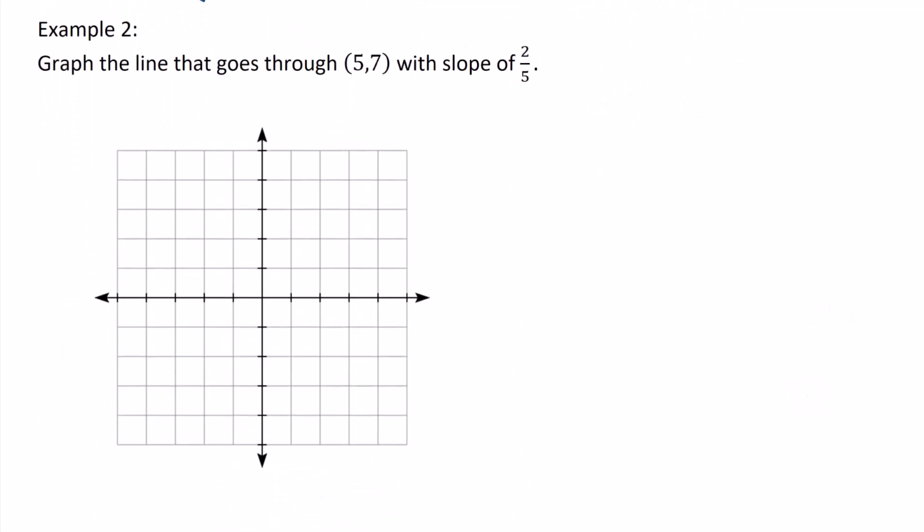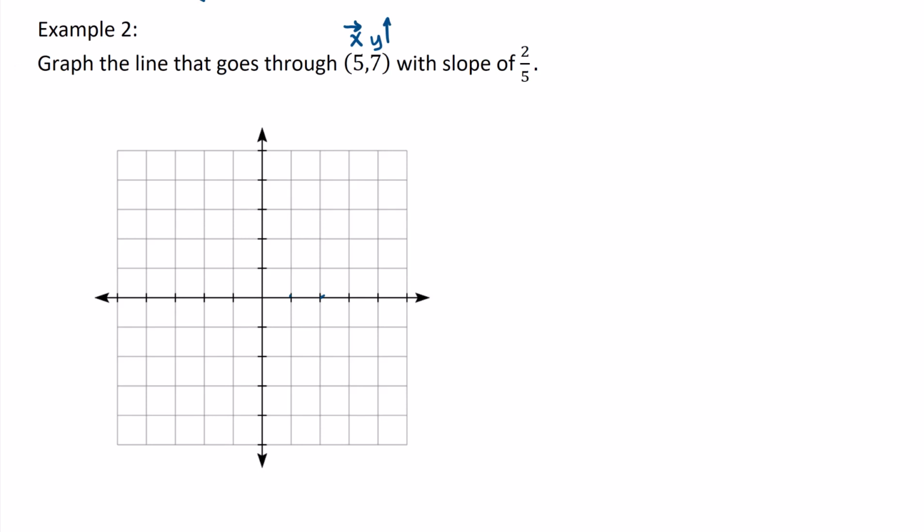In example 2, we need to graph the line that goes through 5, 7 with a slope of 2/5. Now in this case, 5, 7 is right on the edge. So over to the right 5, because this is x and it's going to the right, y is 7 and it's up.